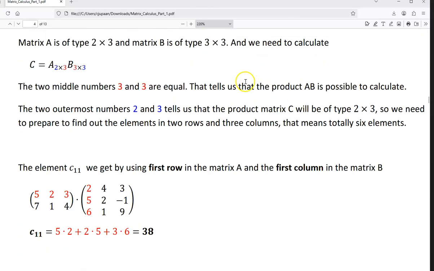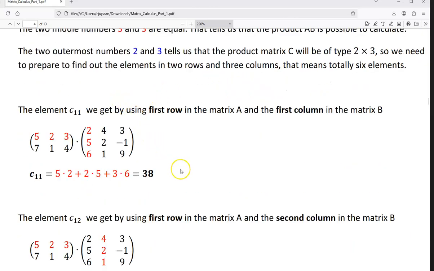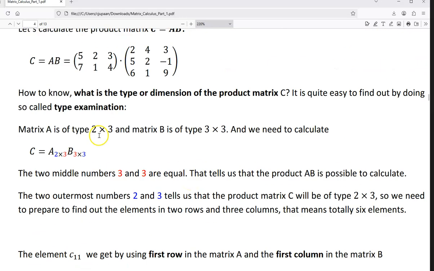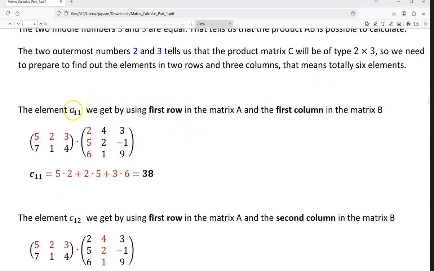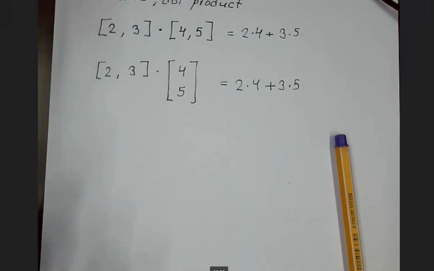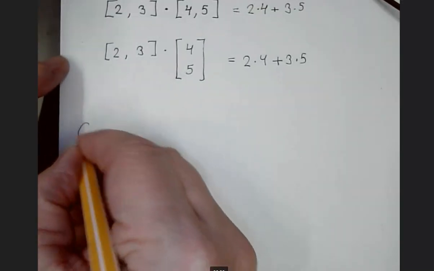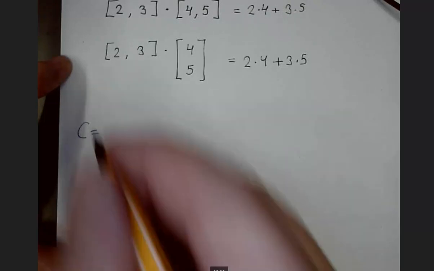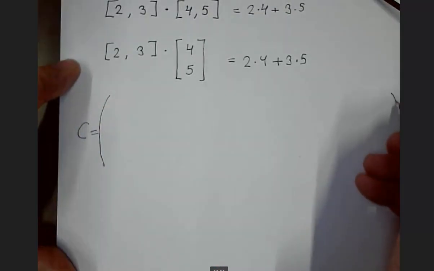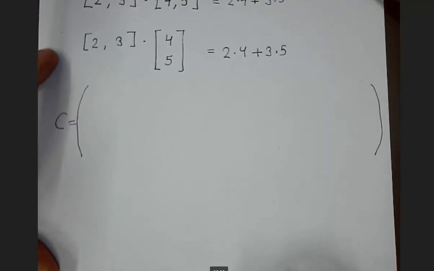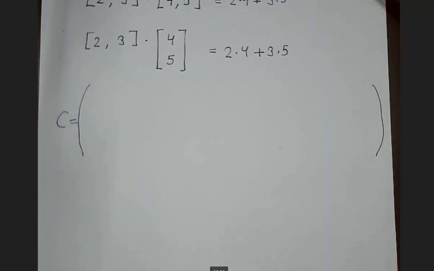And when I start to calculate the elements of the product matrix, in this case the name of the product matrix is C. So the first element in the matrix C is 1, 1, or first row and first column. If I do this by hand or with a pen and paper, I would have the C matrix here, and I will take a space for that matrix, and I notice that the result will be 2 by 3.